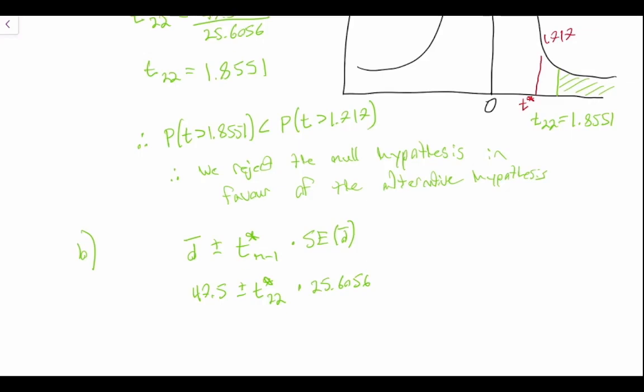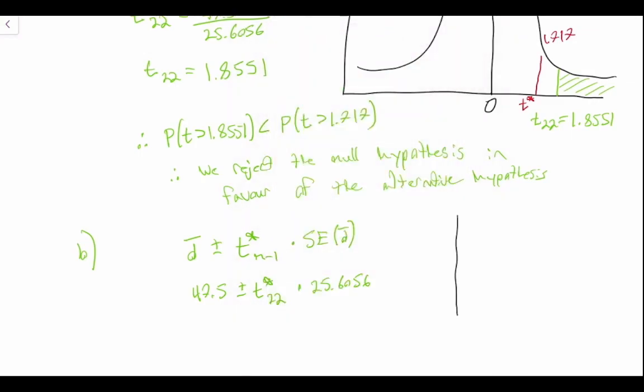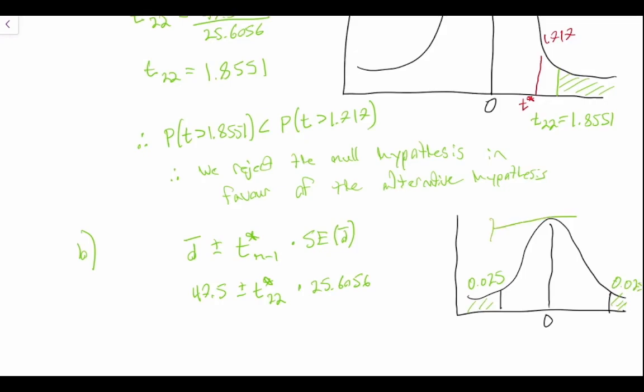So although we've already found a t critical value, at a 95% confidence interval, remember what we're looking for then is an area in each of these tails to be 0.025, right? Which means that this is the central 95% of our observations.